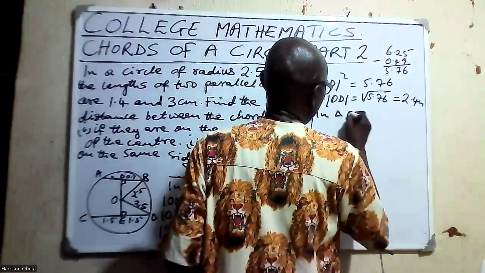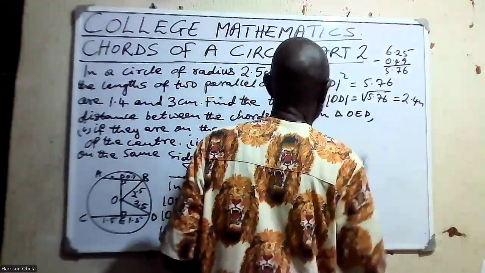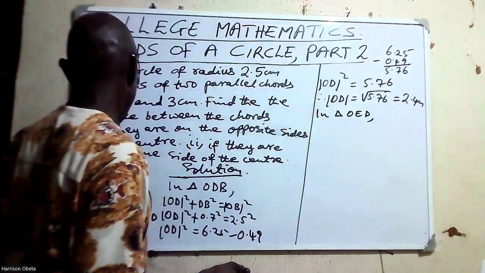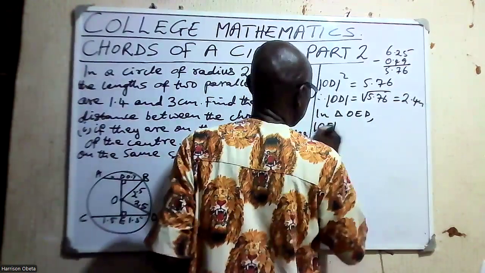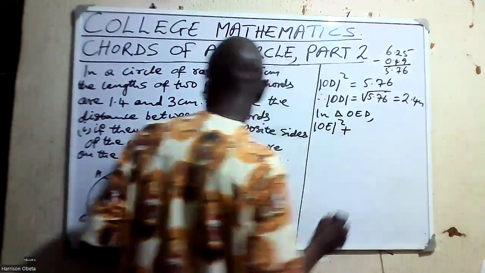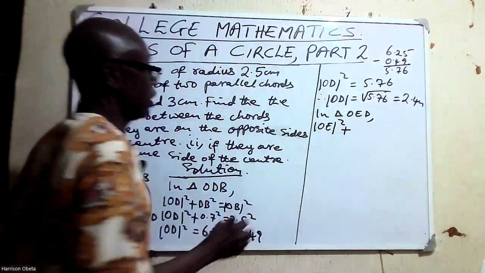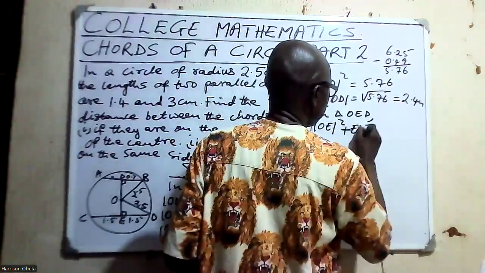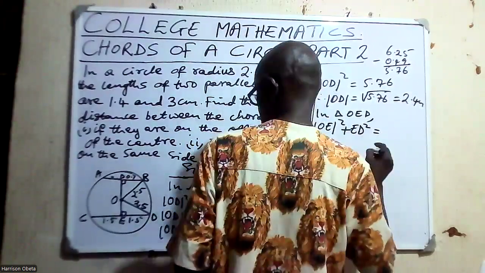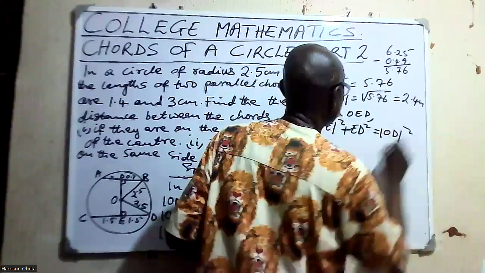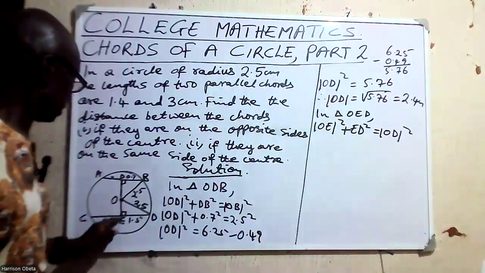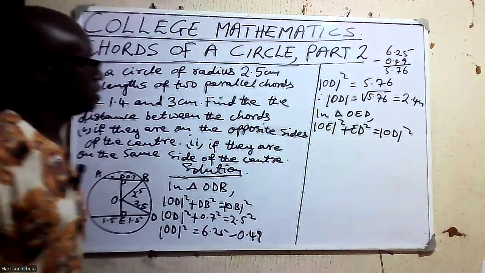In triangle OED, OE squared plus ED squared is equal to OD squared. That is, this squared plus this squared equal to this squared.